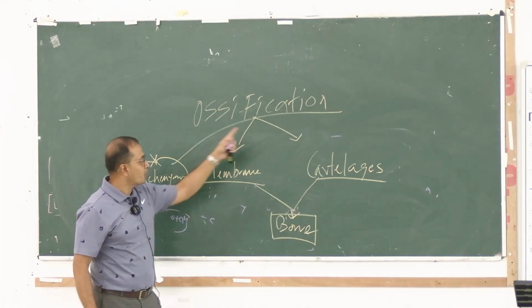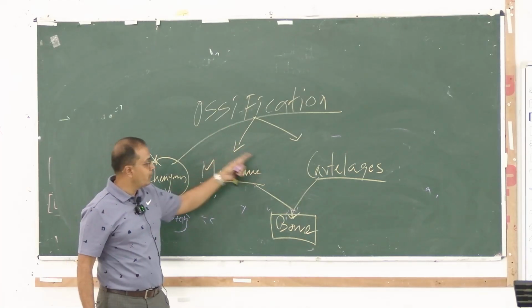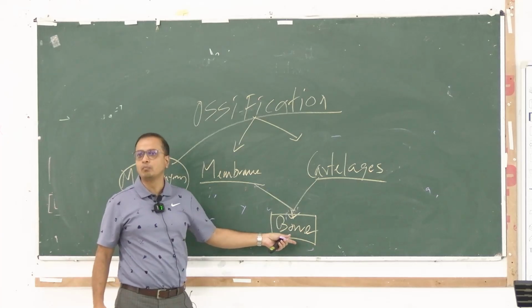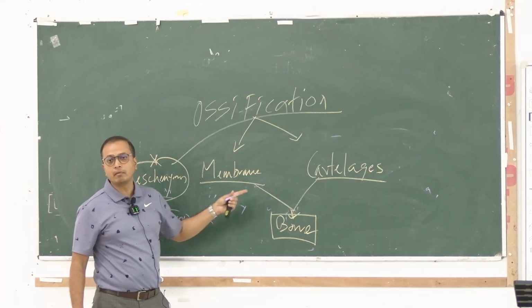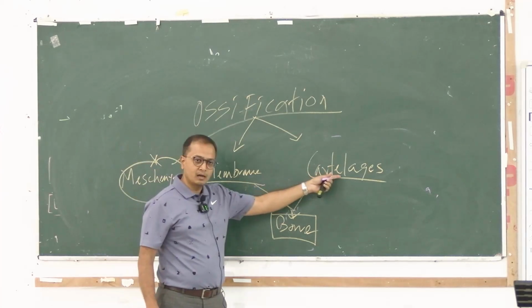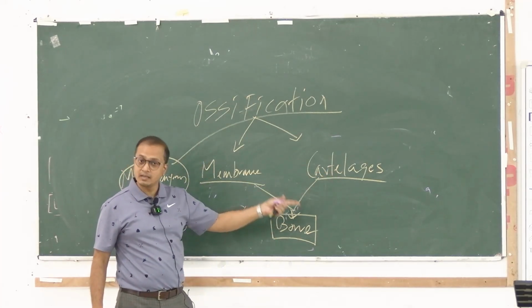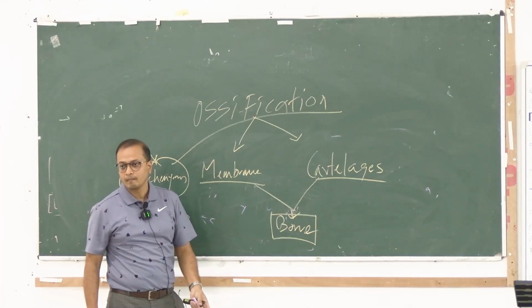This process we call ossification. If the membrane transforms to bone, we call it membranous ossification. If cartilage becomes bone, we call it cartilaginous ossification.